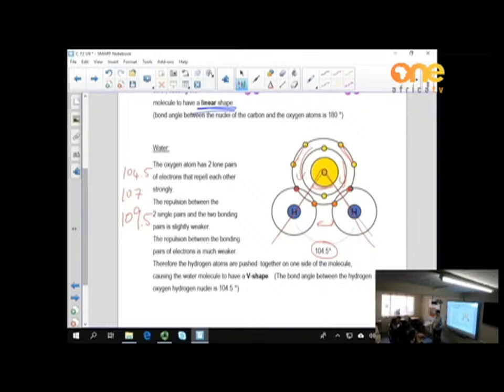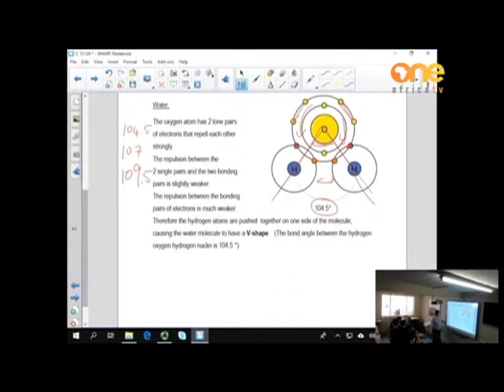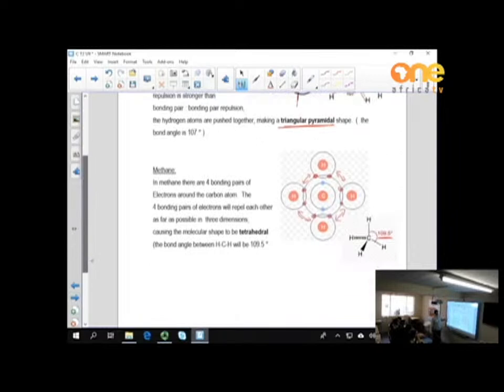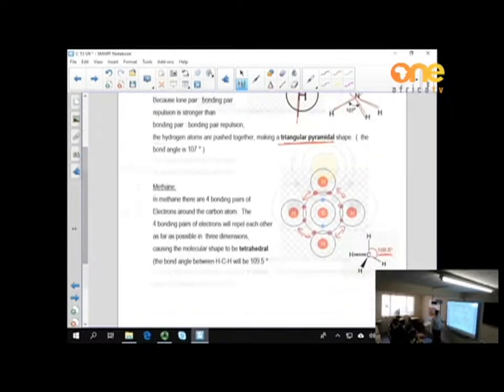Methane only has bonding pairs which repel each other equally weakly in all directions, while in the ammonia molecule there is one single pair that repels the bonding pairs fairly strongly away. So you need to try and remember the size of the bond angle.